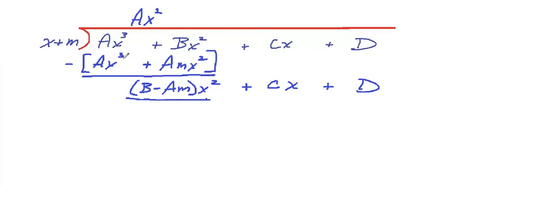So if I do the two first terms, this term divided by this term, I should say, then we're just going to have b minus a m x. Now we do all this times all this, put it down here and subtract.